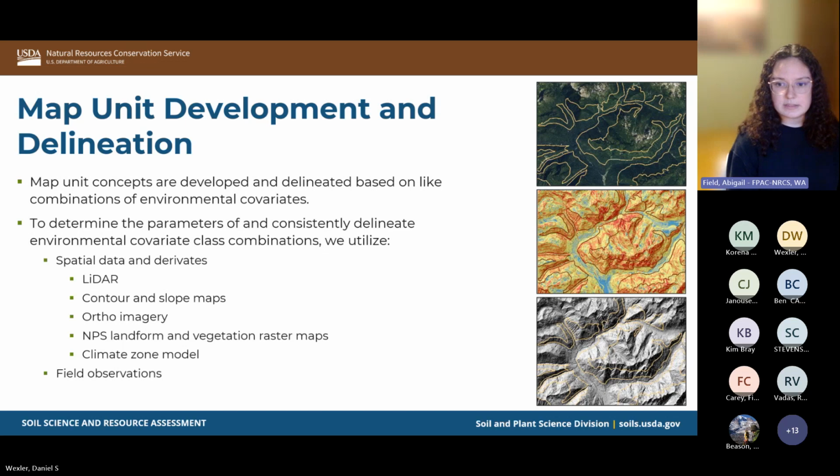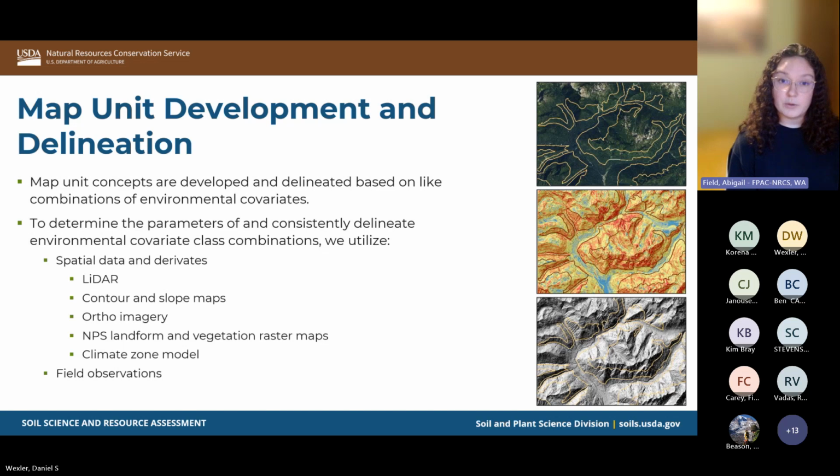Contour and slope maps tell us how steep that slope is. And of course, ortho aerial imagery is great to use to see kind of what the vegetation looks like on the ground. The Park Service also provided us with landform and vegetation raster maps and climate zone models. So anything we can really get our hands on to describe what the environment looks like, we'll try to use.